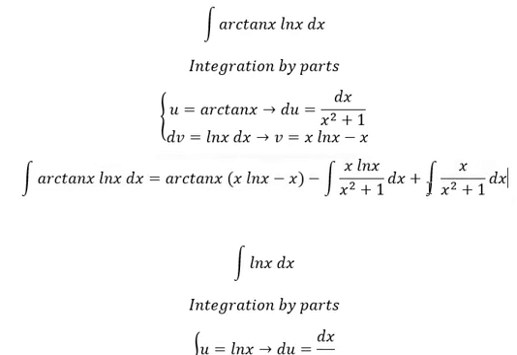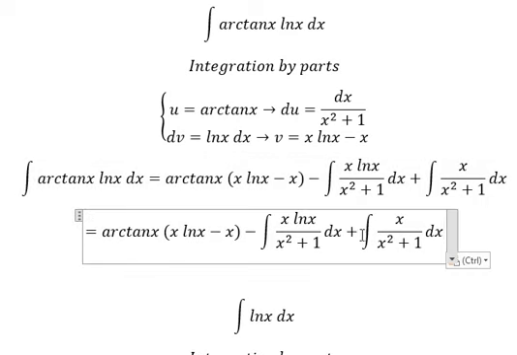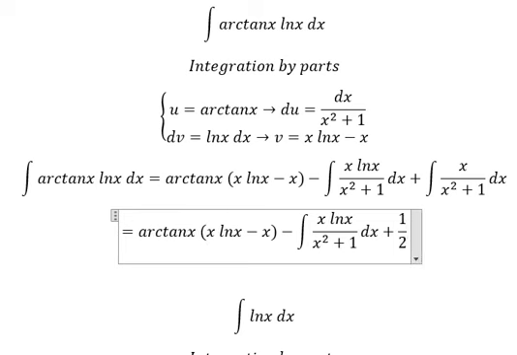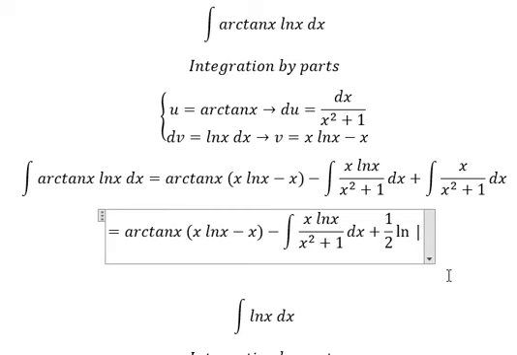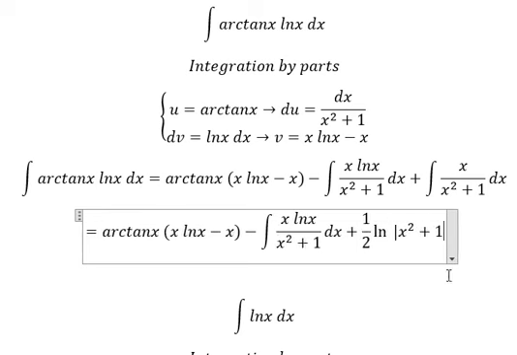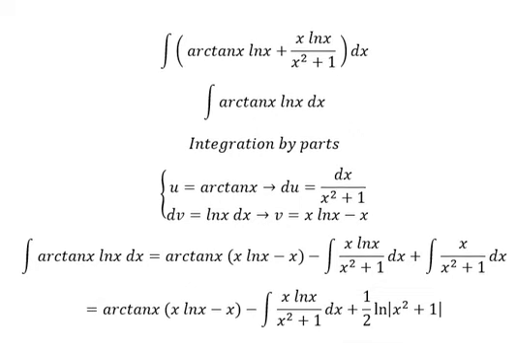Next, the integration of this one gives 1 over 2 ln of the absolute value of s squared plus 1. And now we go back in here.